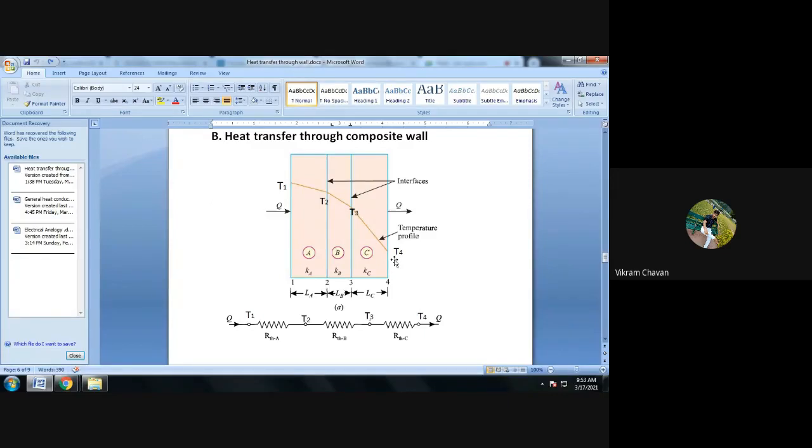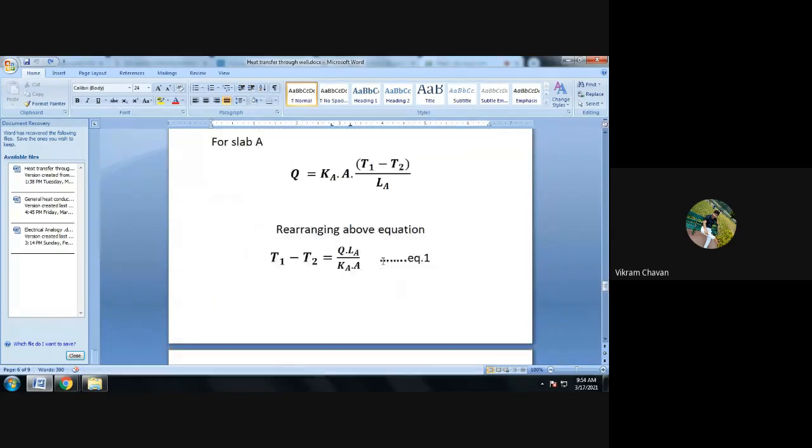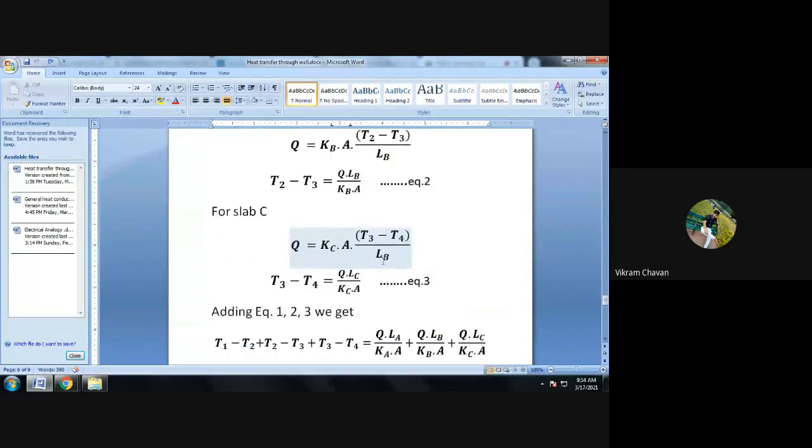So by considering this given data, the diagram data, we have to apply Fourier's law to slab C.